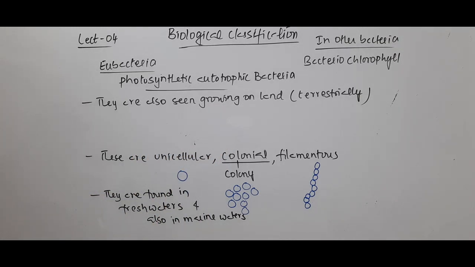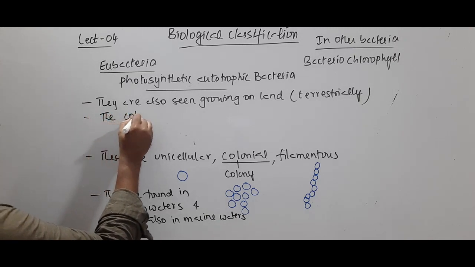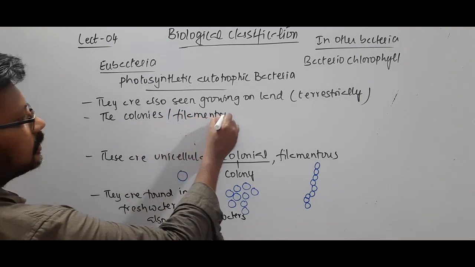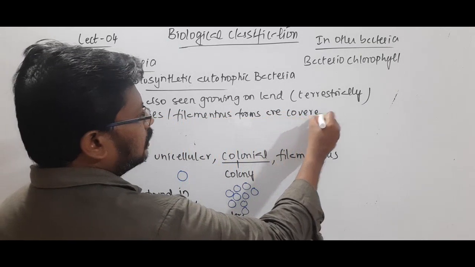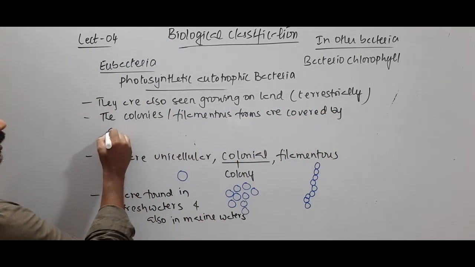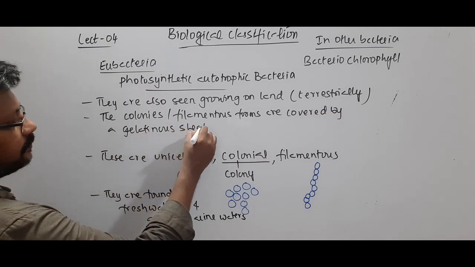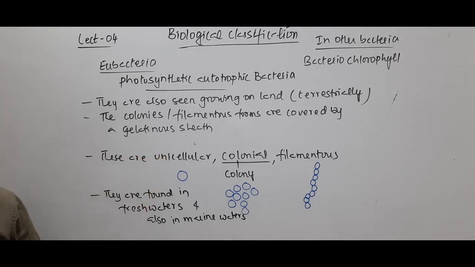Then the colonies are usually surrounded by a gelatinous sheath. So the colonies or the filamentous forms are covered by a gelatinous sheath. We will see an example in this case, by taking Nostoc.